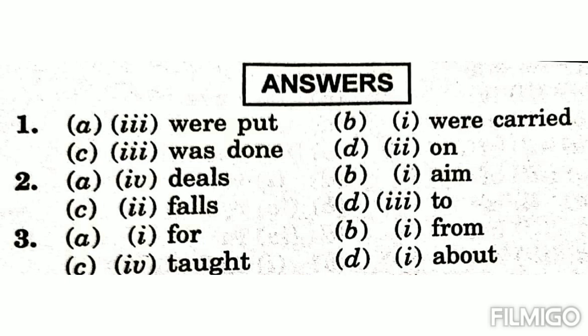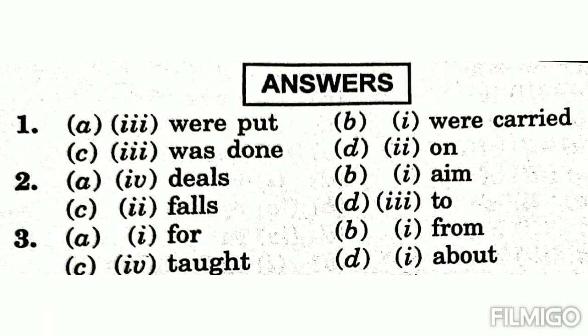Right? Now coming to the second exercise, for A blank, answer is fourth option, that is deals. For B blank, it is the first option, that is aim. For C blank, it is the second option, that is falls. And for D blank, it is the third option, that is to.